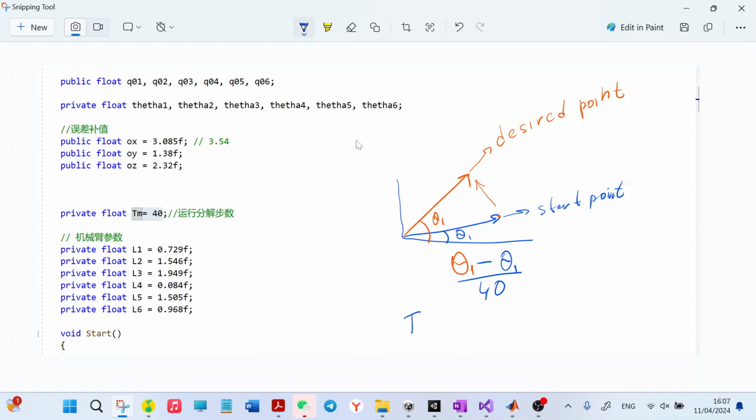Then the trajectory will be equal to our start theta 1 plus this part.